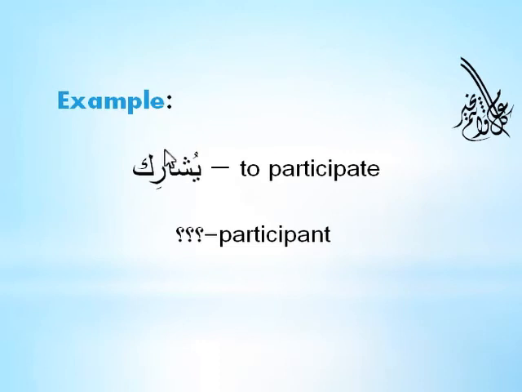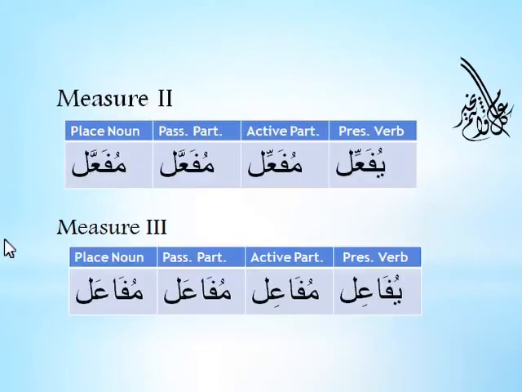Now what I want to know is, what is a participant? Take a moment. You've probably already gotten it, but let's see how we get that. So participant is what? It's the doer, so that means it's an active participle. What did we do to get our active participle? Well, we took the verb and we took the conjugation letter and made it a mu.